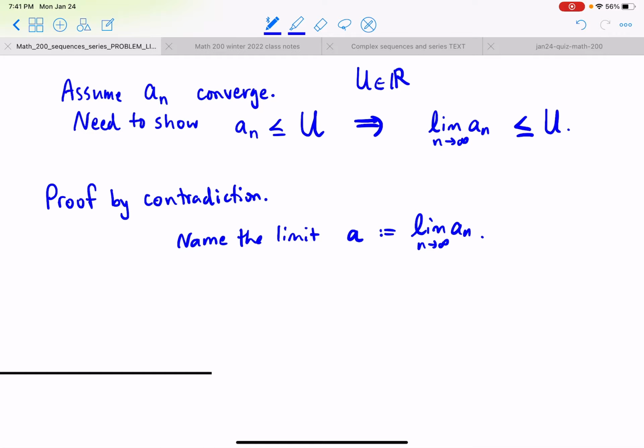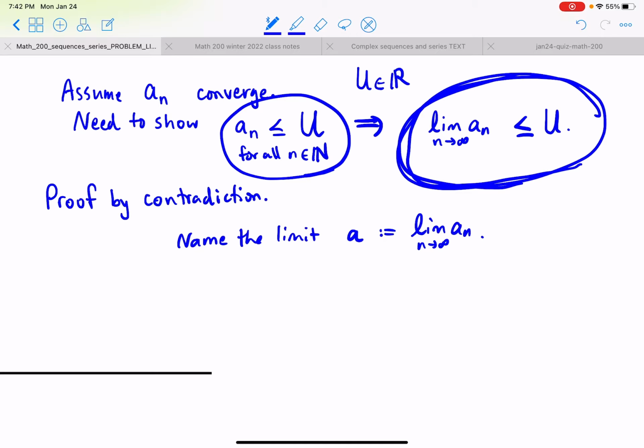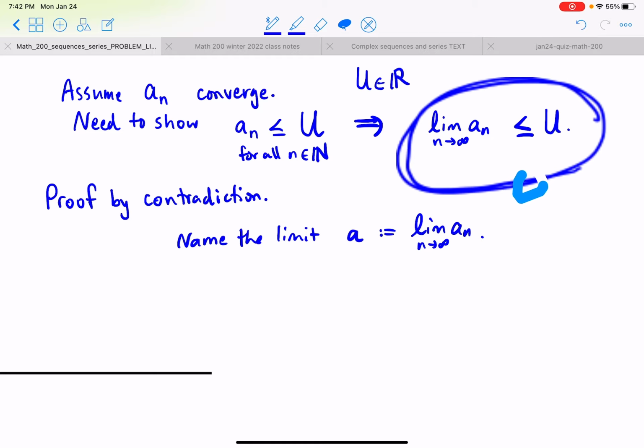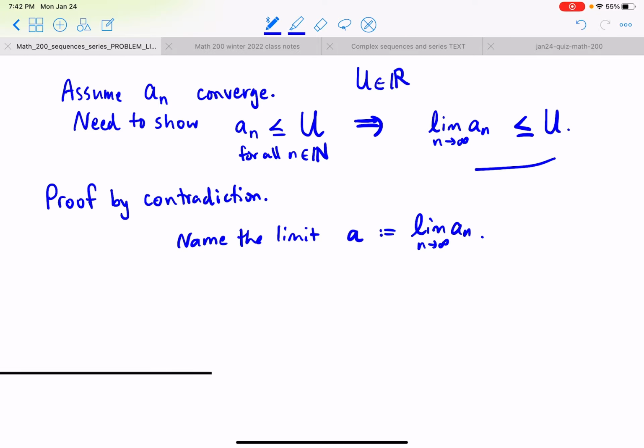Okay, and we want to prove this eventually when we assume that this is true. Need to show that a sub n, this should be for all n, we want this to imply this. Okay, so if I want to show this, one way to do that is to say it wasn't true.